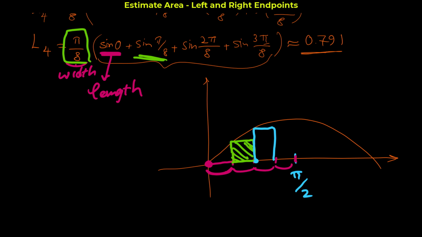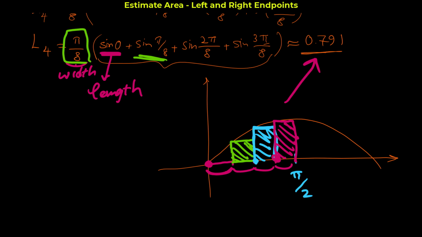Attention, always I am using the left endpoint. We go up and then we make a rectangle. And the last rectangle here is this. We use this point, we go up, make our rectangle, and this is the last rectangle. So basically by adding the area of these rectangles, we get this value.